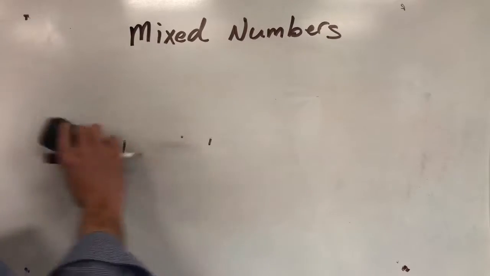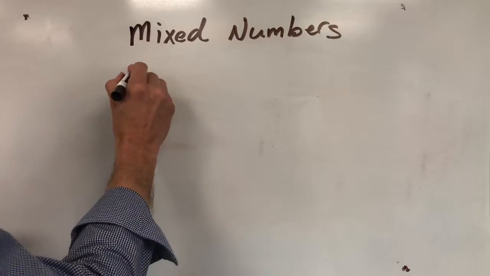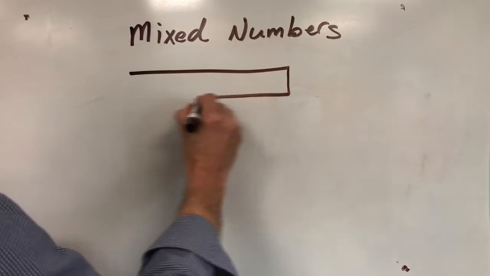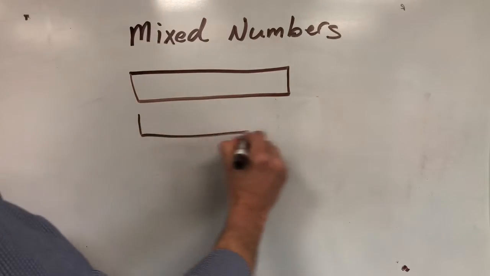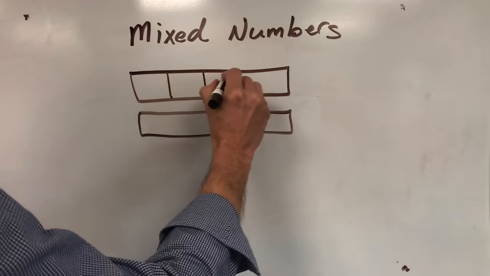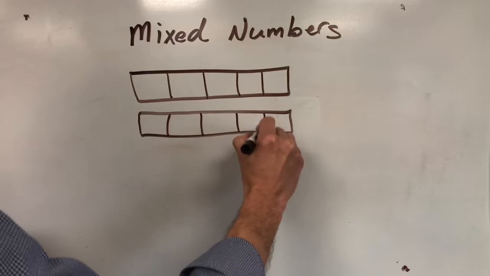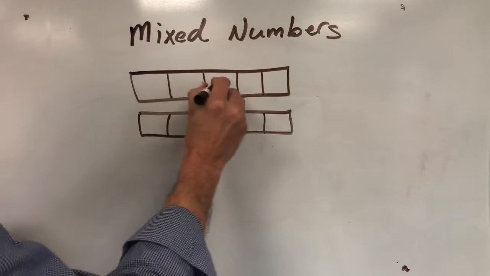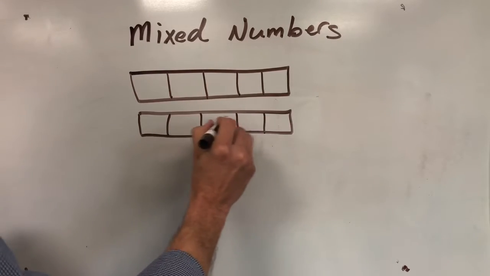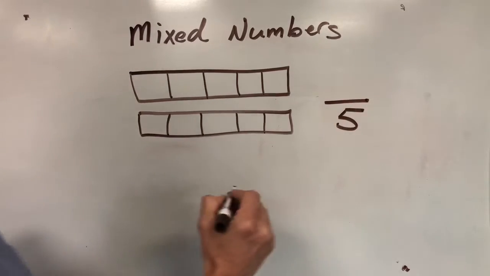Let's try another one. Let's say that there is a strip and another strip, not very evenly spaced, but still 1, 2, 3, 4, 5, 1, 2, 3, 4, 5. We can tell that the bottom number will be 5.